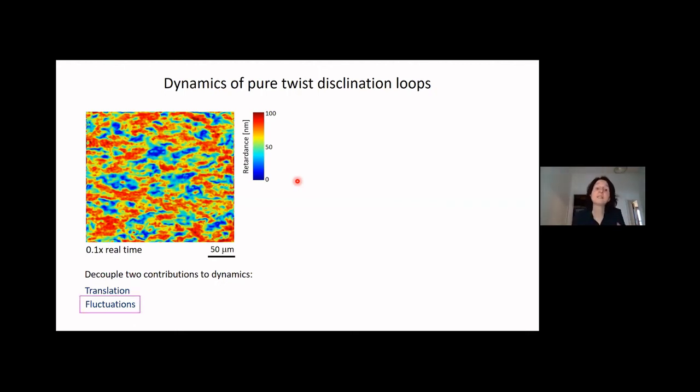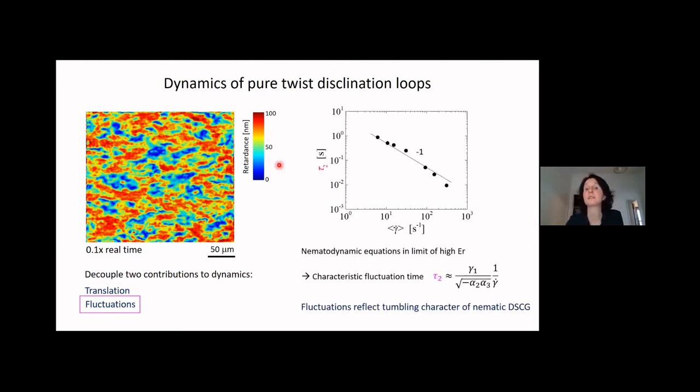And so there are ways to decouple these two contributions to the dynamics, such that we can access only the fluctuations and show that the fluctuation time decreases inversely linearly with the average shear rate, which we can show essentially reflects directly the tumbling character of this nematic liquid crystal. And so this is quite exciting because accessing this tumbling behavior experimentally is typically quite challenging, but here by looking at the dynamics, we see the direct evidence of this tumbling behavior.